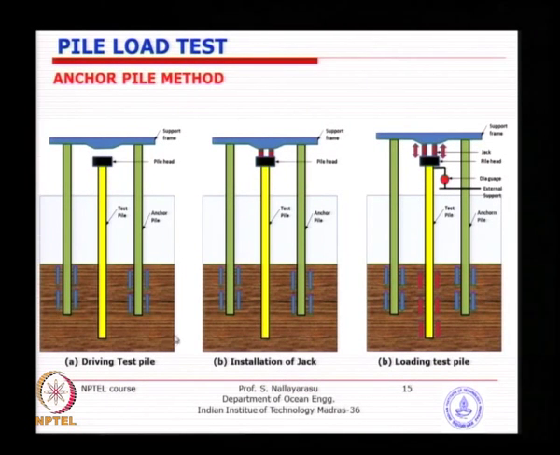There are alternate ways also, because instead of going for Kentledge with self weight or dead weight, we can actually use this method by using the piles themselves as a reaction frame. So, you do not need to stack up weights, the only thing is the load is produced onto the test pile by means of compression load, because you are holding this Kentledge frame on the sides using the piles.